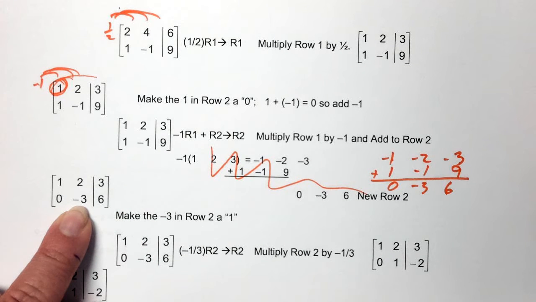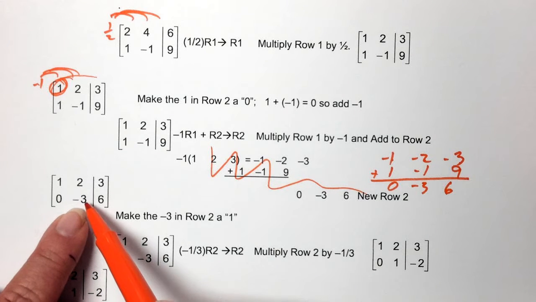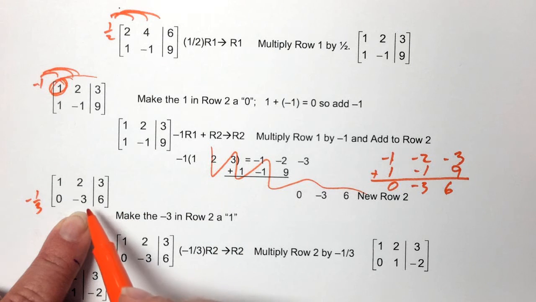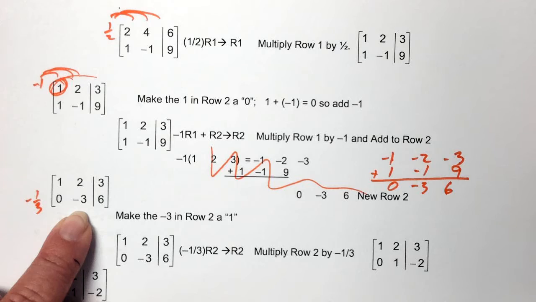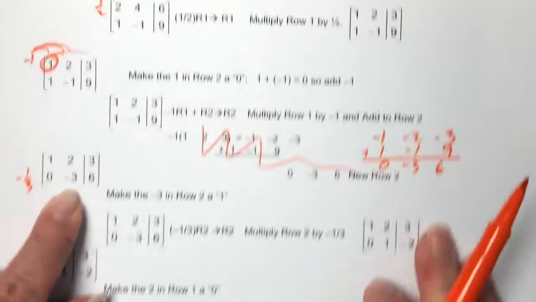Remember, within the column, get your 1 first. Where do we want the 1? On this main diagonal. So I need that negative 3 to become a 1. What can I multiply so that I'll get a 1? Well, negative 3 times negative 1/3 would make a positive 1. So remember, multiplying by your reciprocal is how you get your 1s.